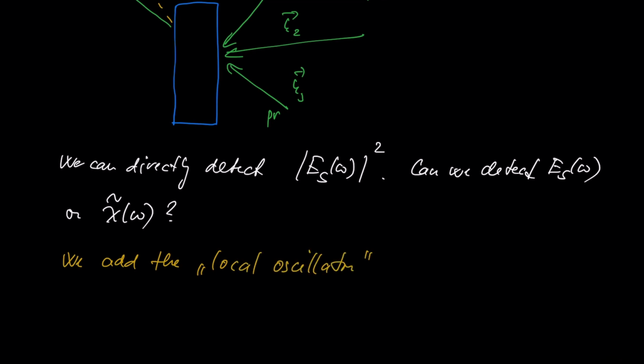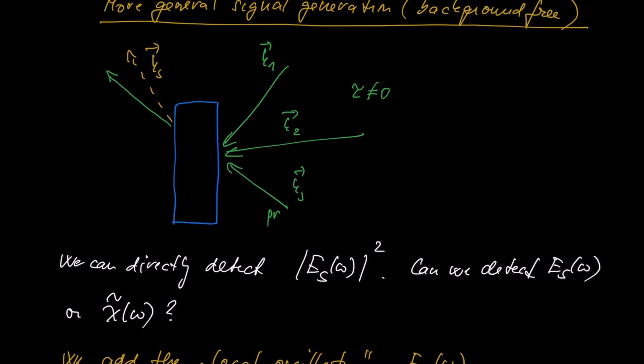We have probably said already that this is a field that is added in addition to all the signal fields and the fields that generate the signal, and it mixes with the signal and provides us basically the same situation as we had in the pump probe, now however in this other direction. So let's introduce the local oscillator field as going together with the signal.